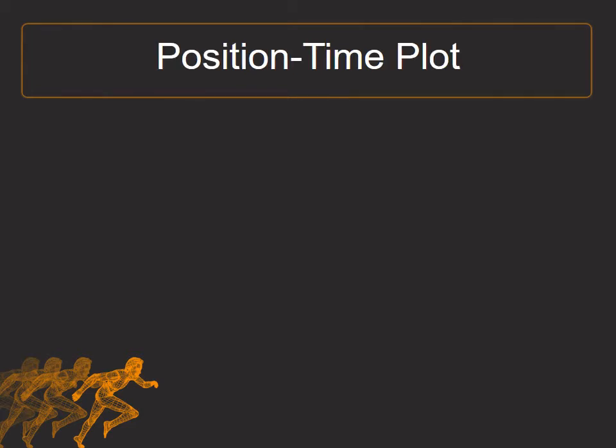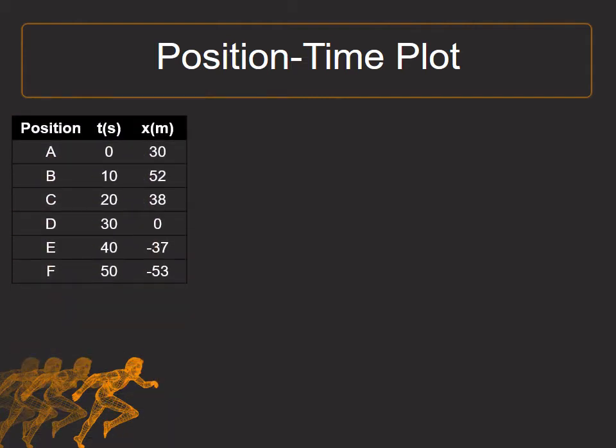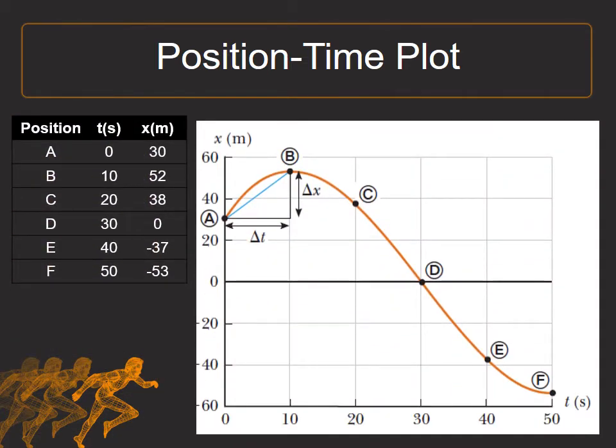So, kapag pinlot natin yung position versus time, makakapag-form tayo ng, of course, yung tinatawag nating position-time plot. And this is the plot or the graph nung sasakyan kanina, wherein yung 0 meters, yung reference point natin, is the origin.